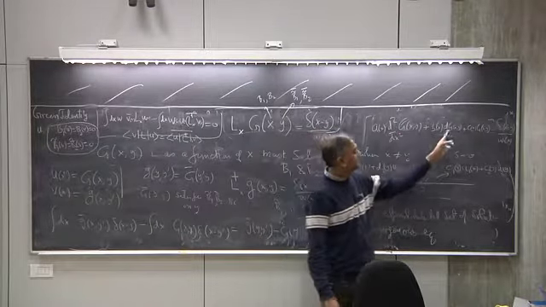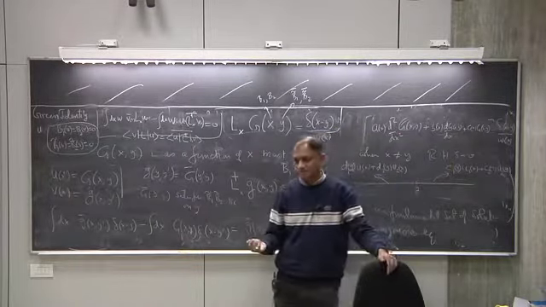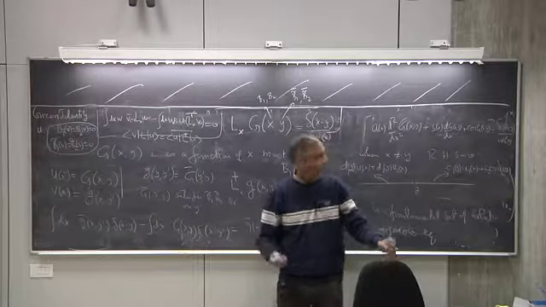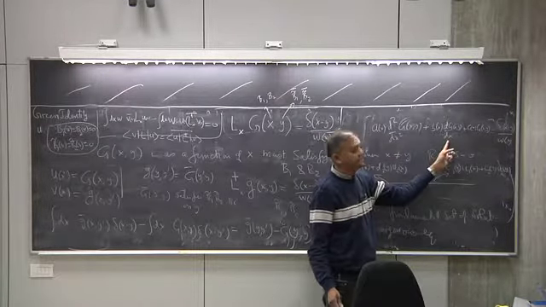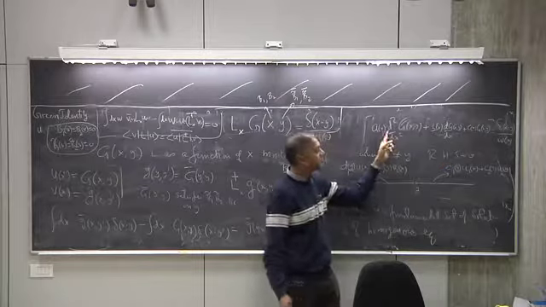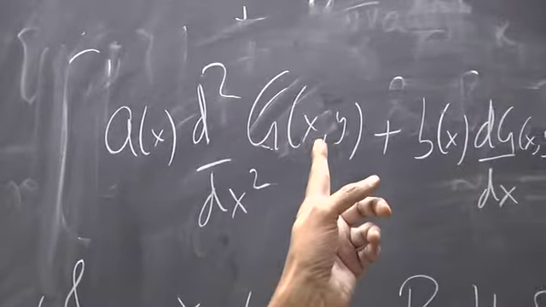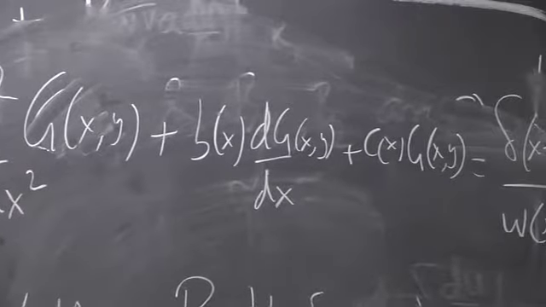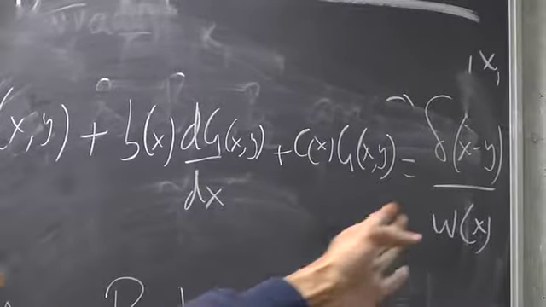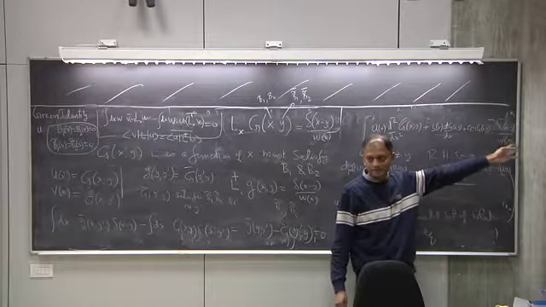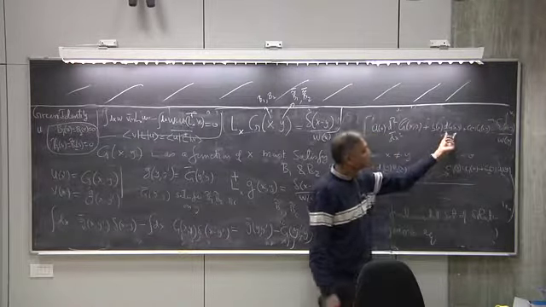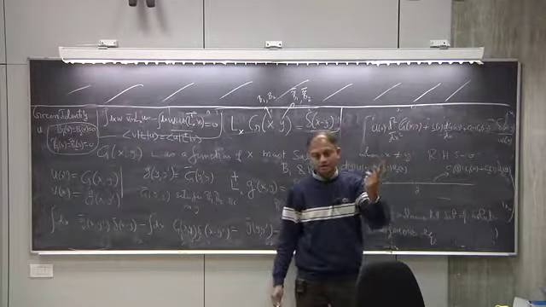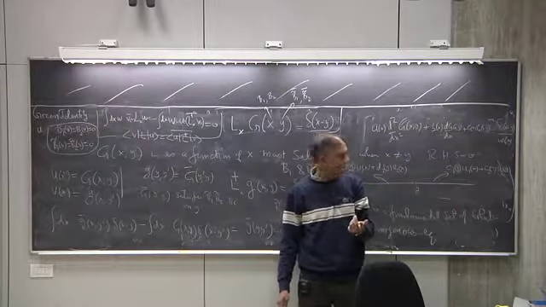However, if the Green's function itself was a step function, that would be a problem because this will give you a delta function, but then I have another derivative of the delta function. This is two derivatives, right? So that will give you d by dx of delta function of x minus y. On the right hand side, there is no derivative of delta function, right? So g of x,y cannot be a step function, right?